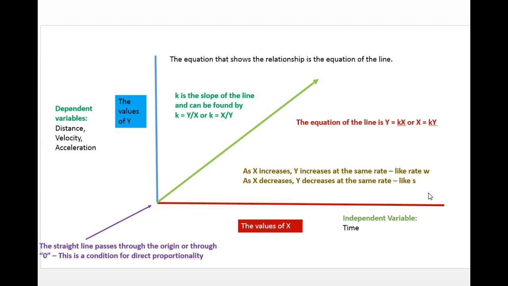But notice that the rate s and the rate w are not the same. I discussed that in a previous video. And of course, down here we have the straight line that passes through 0, and it's a condition of direct proportionality. Let's move on to the next slide.